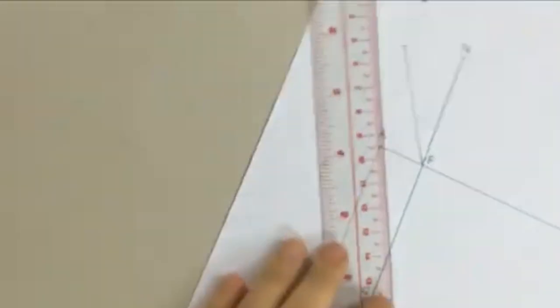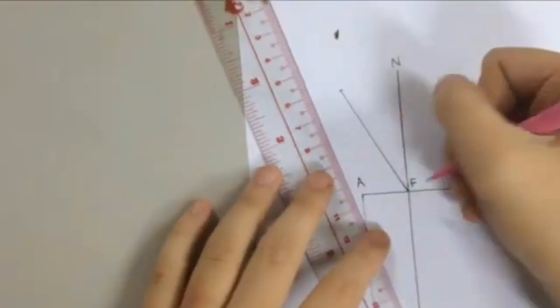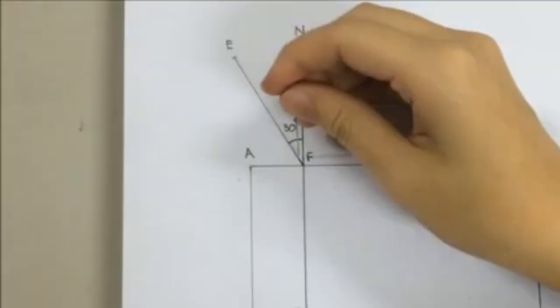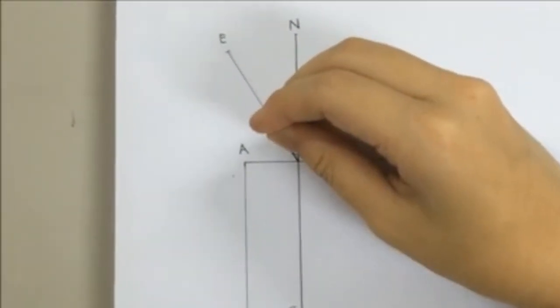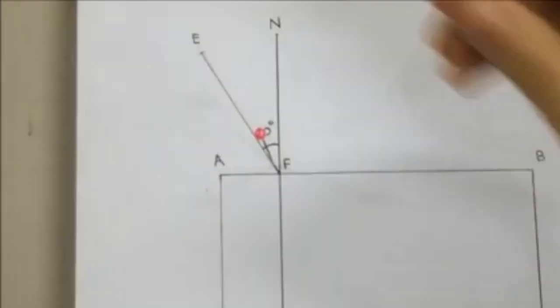On that line, you fix two pins, which we call pin P1 and pin P2.